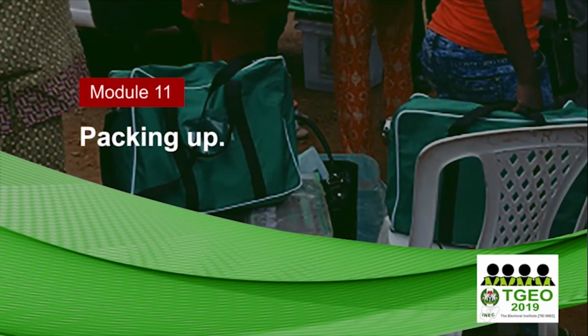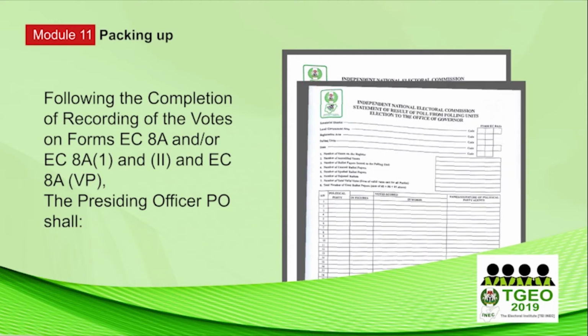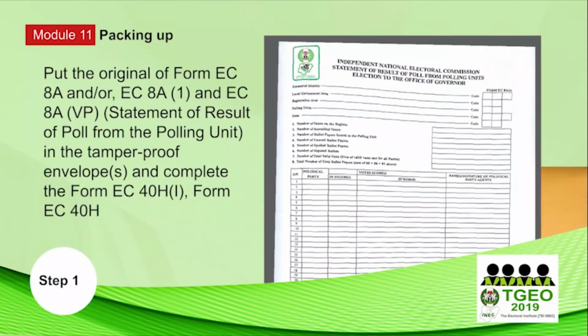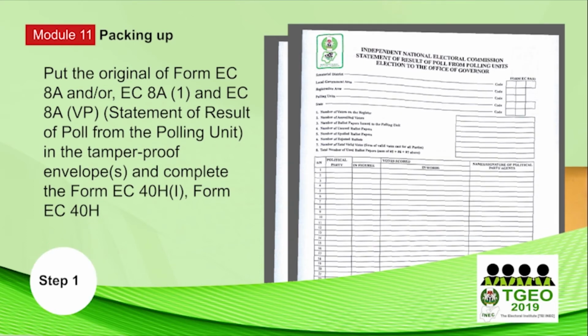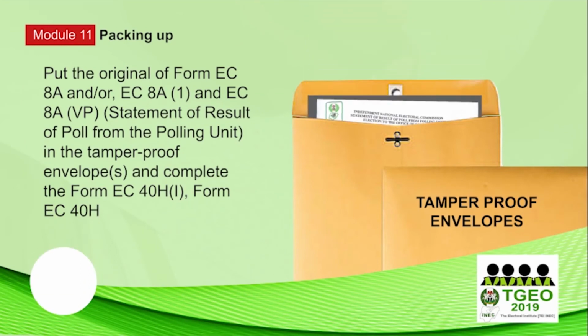Module 11. Packing up. Following the completion of recording of the votes on Forms EC8A and or EC8A1 and 2 and EC8A VP, the presiding officer (PO) shall: Step 1. Put the original Form EC8A and or EC8A1 and EC8A VP statement of result of poll from the polling unit in the tamper-proof envelopes and complete the Form EC40H1, Form EC40H.